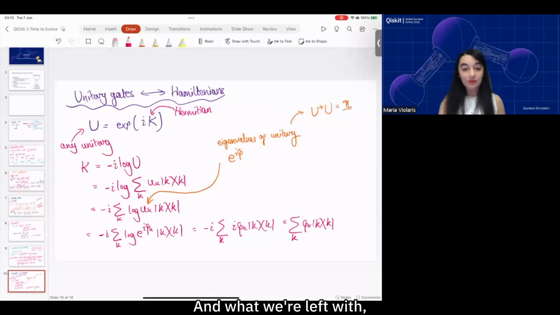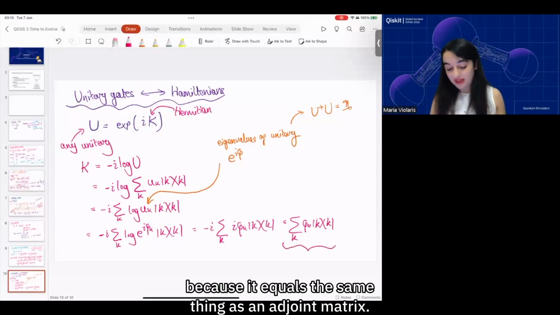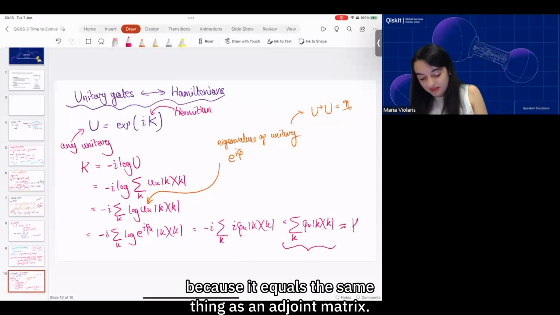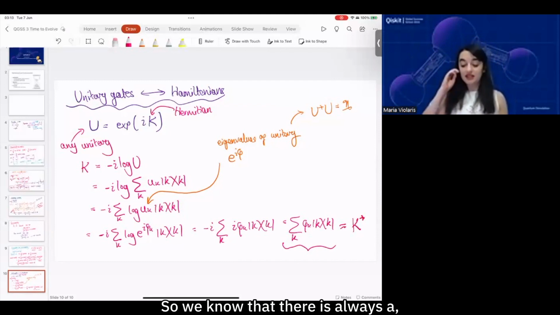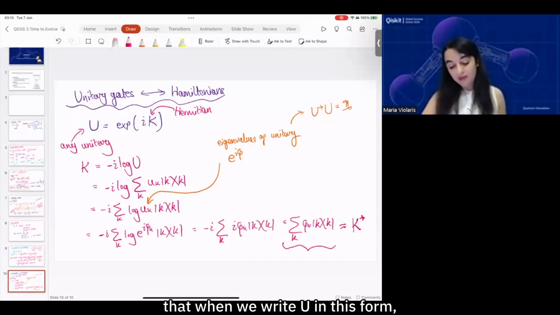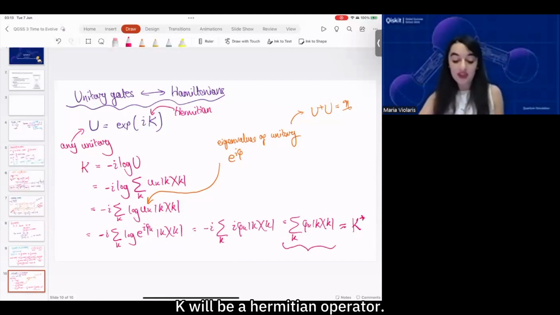What we're left with is Hermitian because it equals its adjoint. So we know that when we write U in this form, K will be a Hermitian operator.